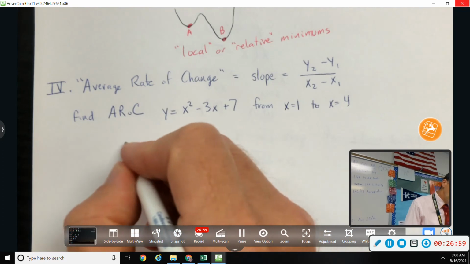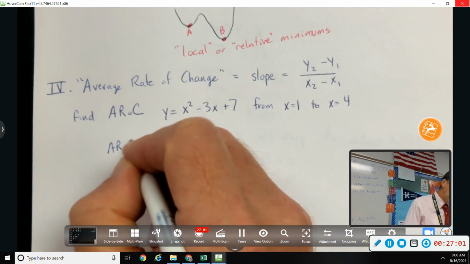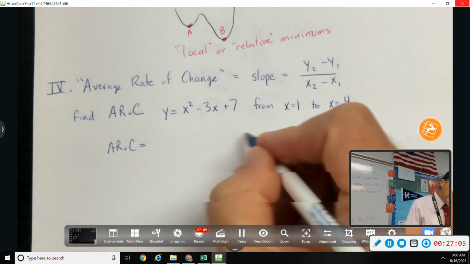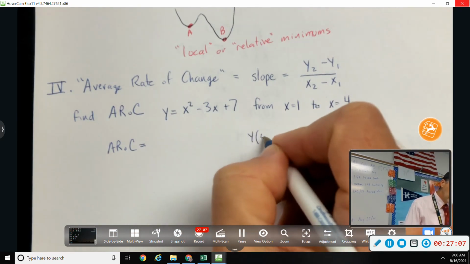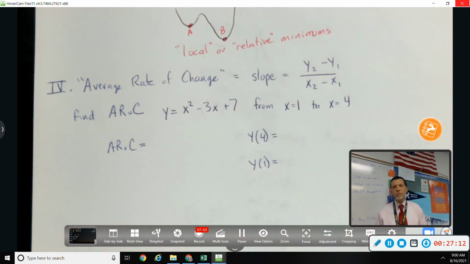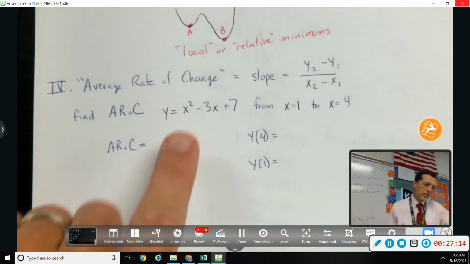So again, it's just a fancy way to say slope. So I need to find y of 4 and y of 1. So I need to plug in 4 and plug in 1. That'll get me the y values.